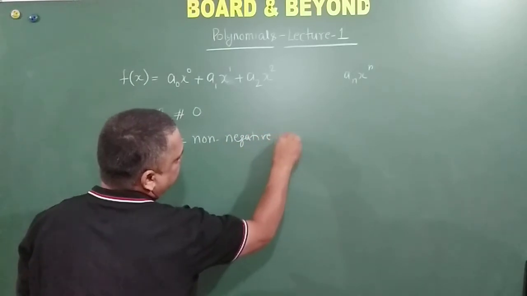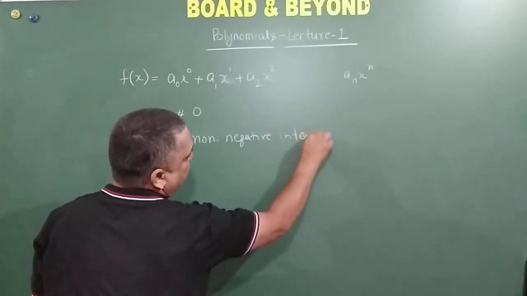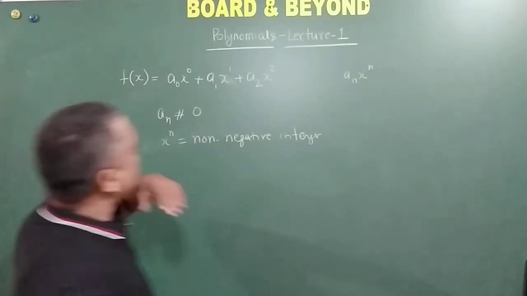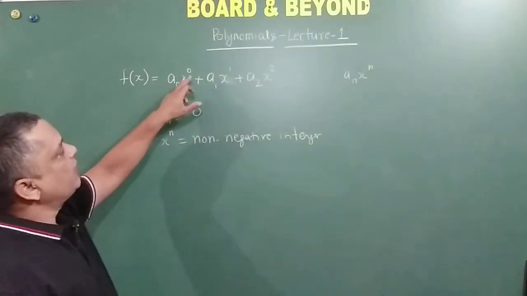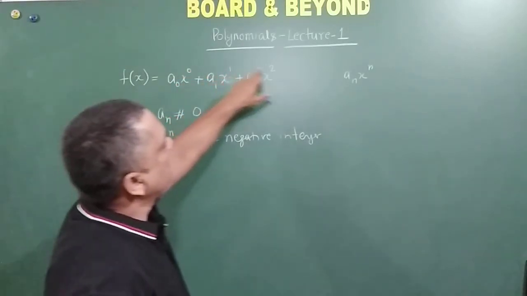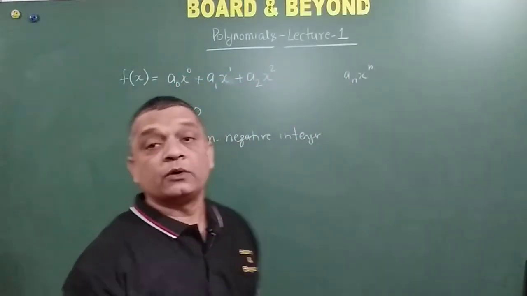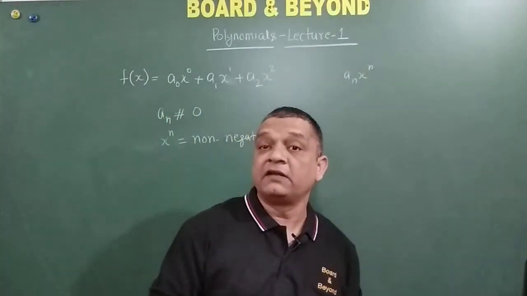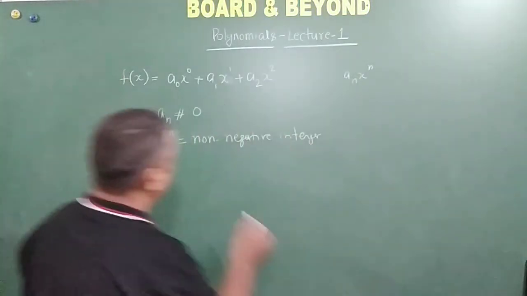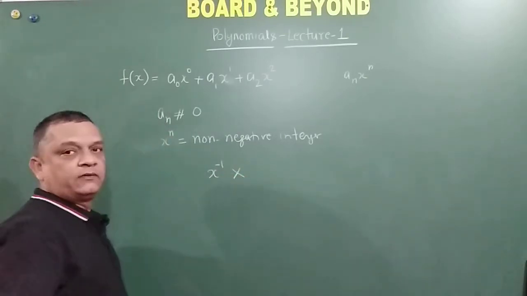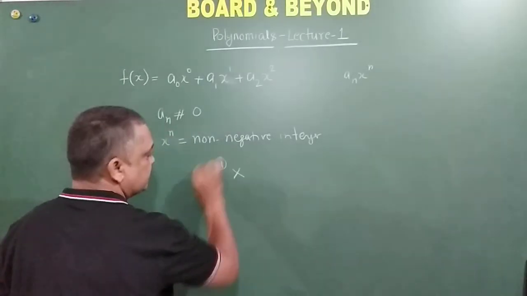Let me make you understand. What I am trying to say here is that your power, that is 0, 1, 2, n in general, should be equal to a non-negative integer. That means x raised to power minus 1 is not a polynomial. Why? This is a negative integer.